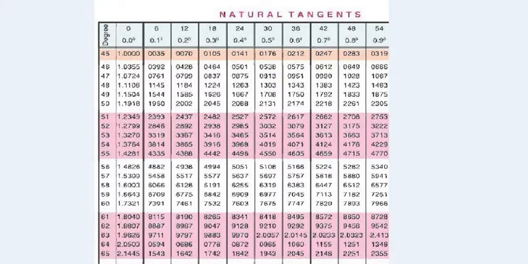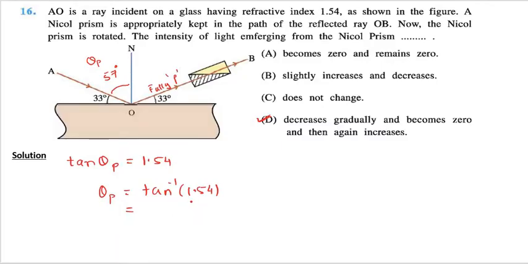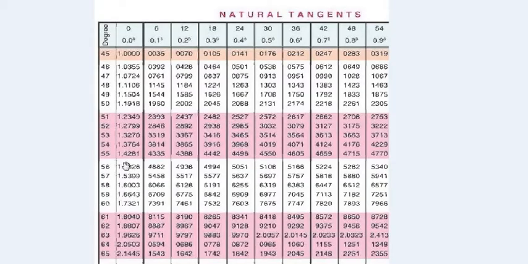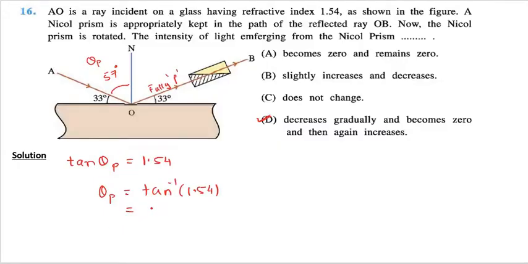I am just supposed to find the value of tan inverse of 1.54, which is this value. So it is 57.1 degrees, but I am just going to consider this as 57 degrees. So the value of theta p is 57 degrees, and this is the angle of polarization. So this apparatus is set at the angle of polarization, so this light is fully polarized.